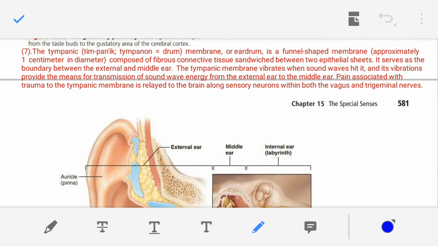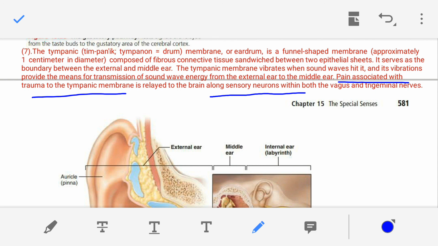Now if some kind of trauma is experienced by the tympanic membrane, or some kind of pain is associated with it, the nerve impulse regarding the trauma or pain is relayed along the sensory neurons which are attached to the tympanic membrane.